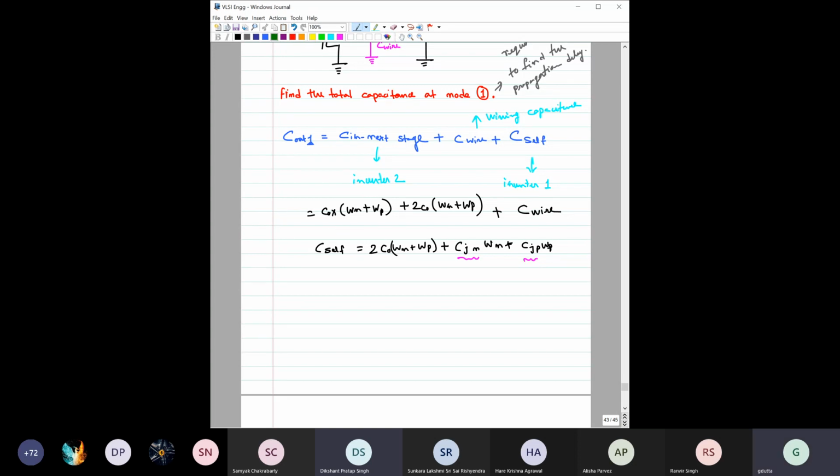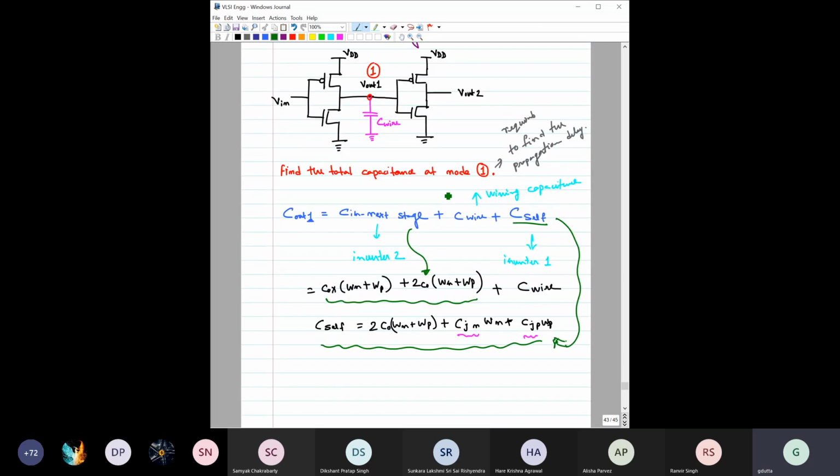This part is the wire, and this is from this part, right?